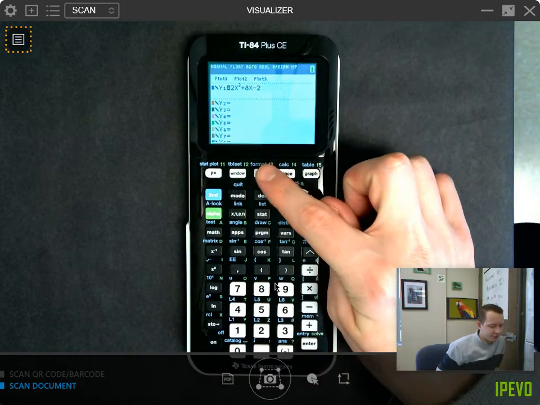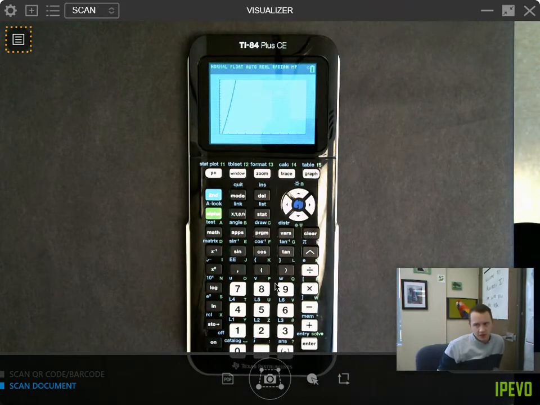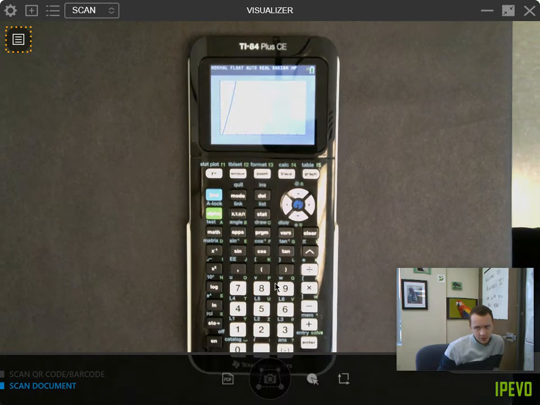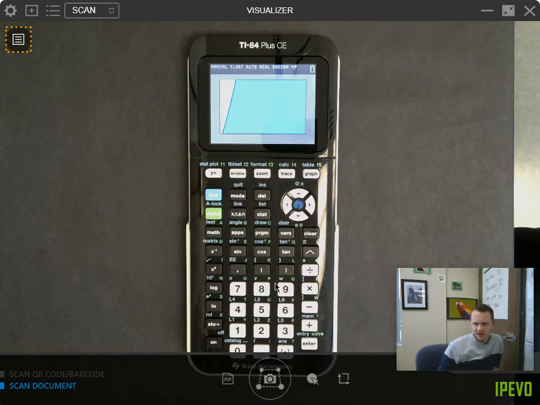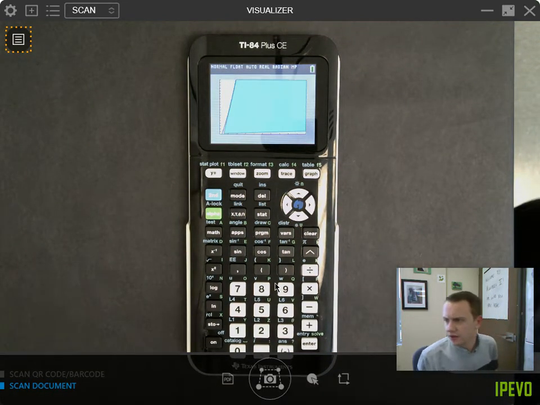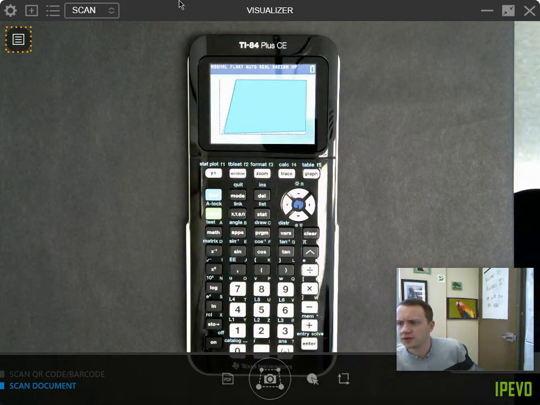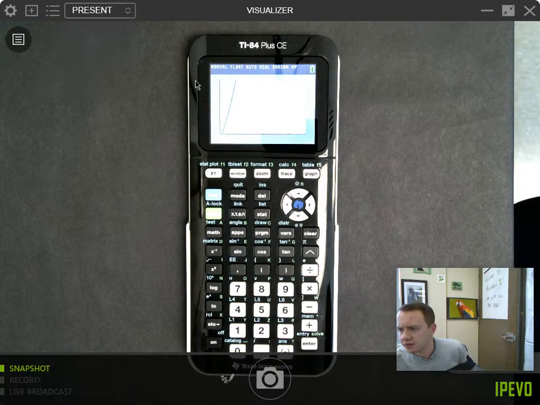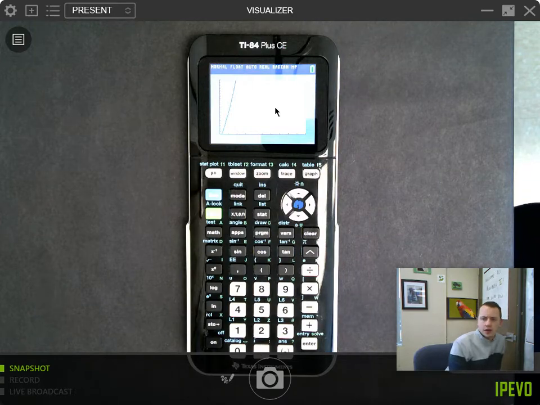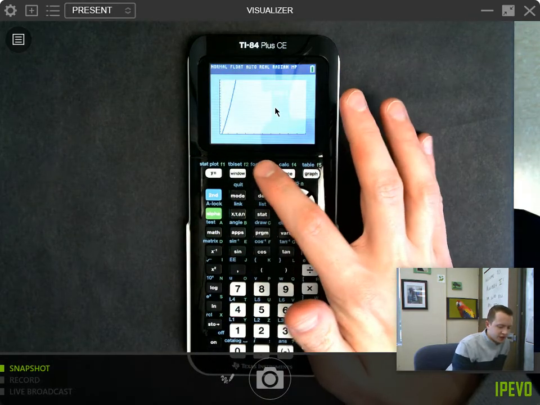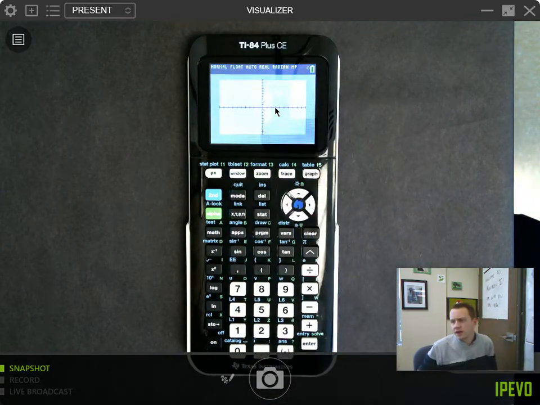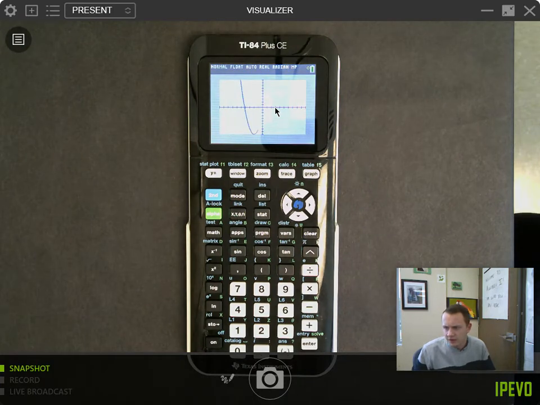I'm going to hit graph, and then I'm like, that does not look like a parabola. And it's like shaded, and it's all weird. Part of that is my fault because I clicked the wrong button. But if I hit zoom and 6, that sort of restarts my graphing process.